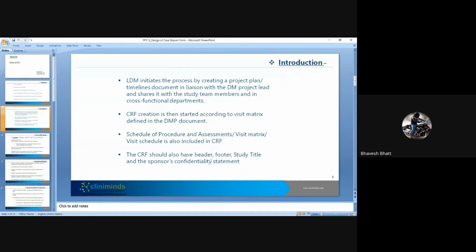Now, according to this visit matrix or the schedule of procedures or assessments, this is also included in the CRF because that is going to be our primary reference with which we would include different CRFs at different visits across the EDC system or the CDMS platform.